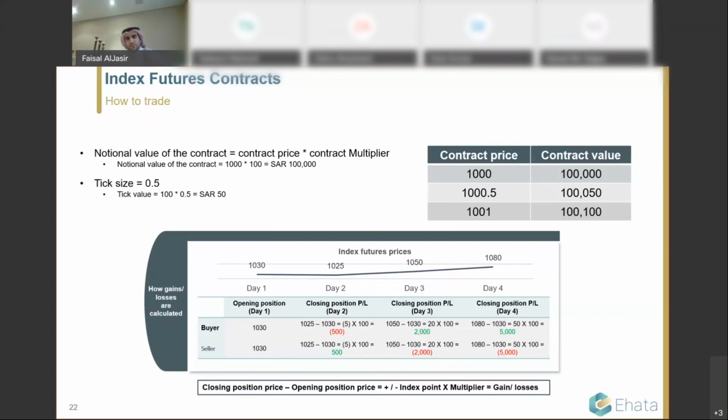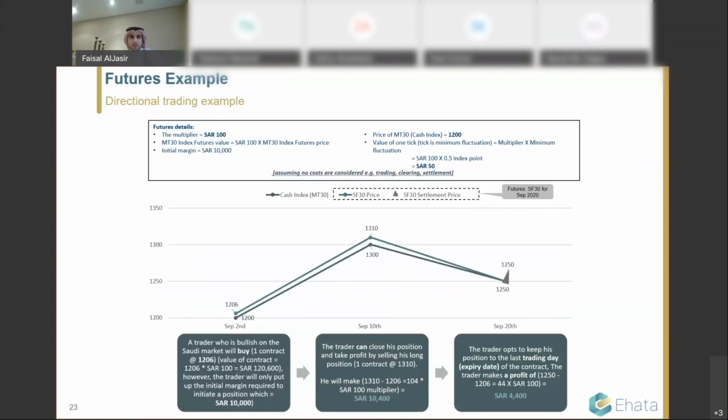What is important to remember: what's the contract price, what's the contract multiplier. The contract multiplier is an important point here, to understand how your gains or losses look. So, an example here on direction, something the same.